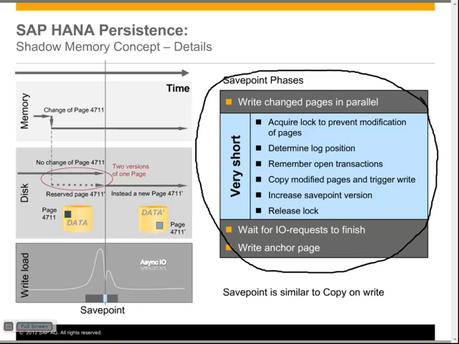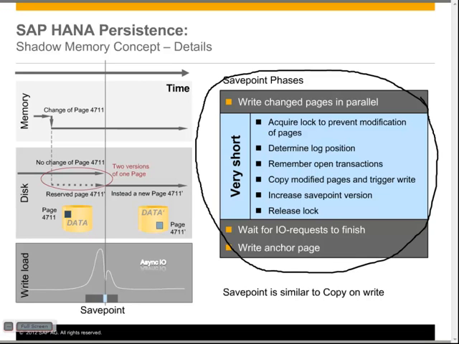So let's look at what happens during the save point in more detail. The save point consists of 3 phases. During phase 1, all the modified pages that are not yet written to disk are determined. The save point coordinator then triggers writing of these pages. During phase 2, the write operations for the next phase, phase 3, are prepared.